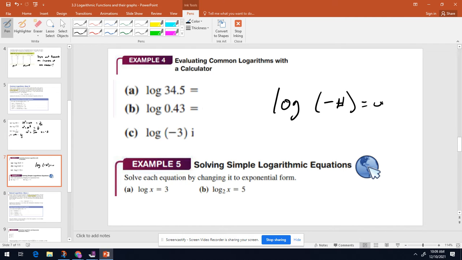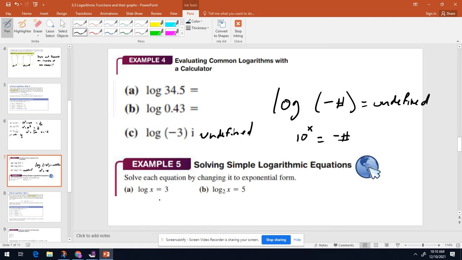This will always be undefined because what is this saying? It's saying 10 to some number equals a negative number, right? Well, that can never happen because if my exponent's negative, it just makes it a fraction. If my exponent's a fraction, it just makes it a radical. And if it's a whole number, obviously it's going to get bigger. So this will always be undefined.